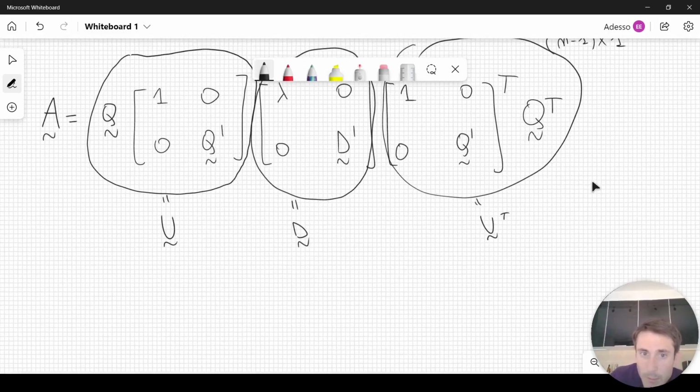So basically what we get in the end is A equal to U D U transpose, which is the theorem that we wanted to prove, but actually we still need to prove one last thing. We need to prove that U is an orthogonal matrix. And how do we prove that?